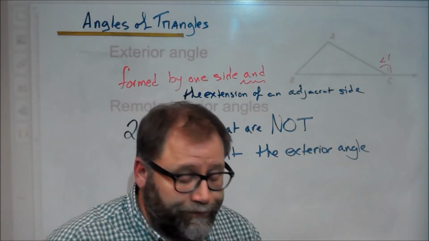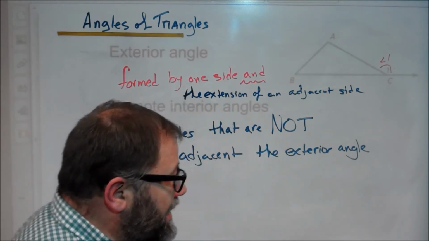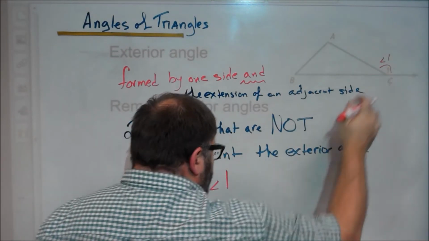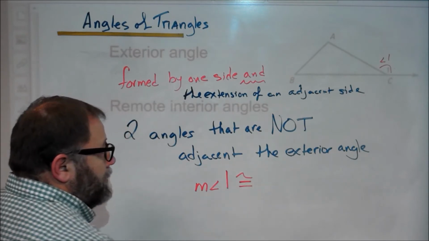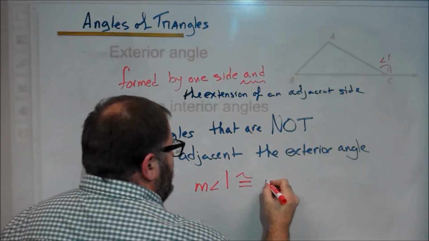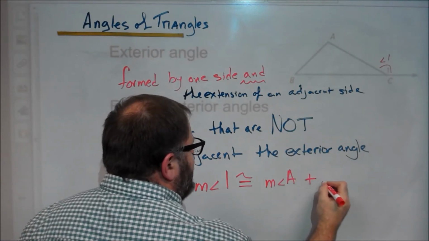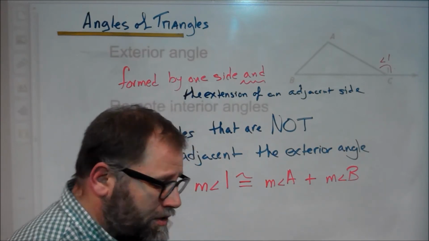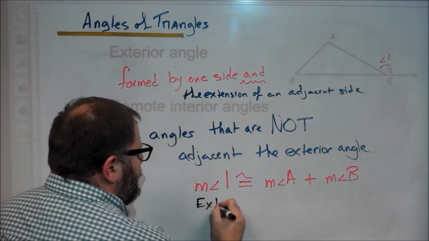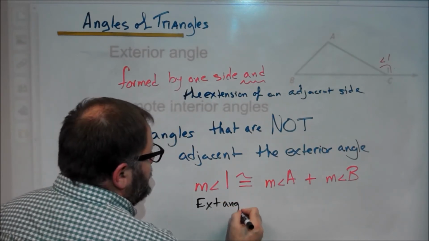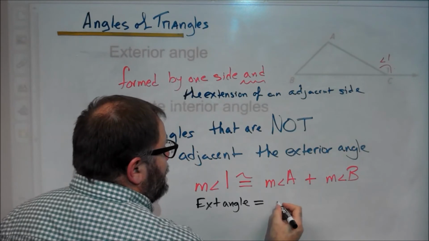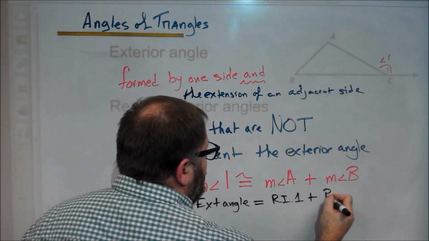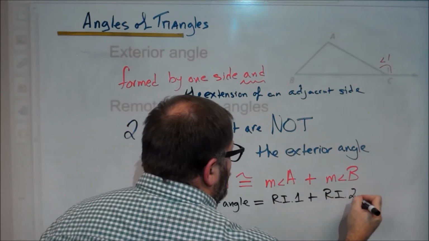Now let me tell you a secret. The secret to this is that the measure of angle 1, our exterior angle, is congruent to the measure of angle A plus the measure of angle B. So in regular words, an exterior angle is equal to remote interior angle 1 plus remote interior angle 2.